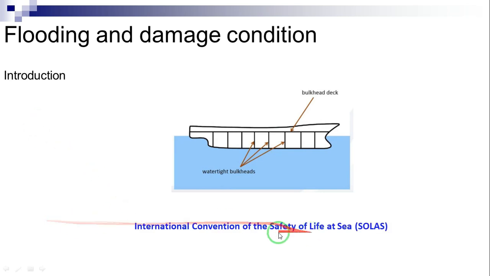The convention is better known under its acronym SOLAS. SOLAS prescriptions cover many aspects of ship safety, among them fire protection, lifeboats and rafts, radars, radio equipment, and emergency lighting.